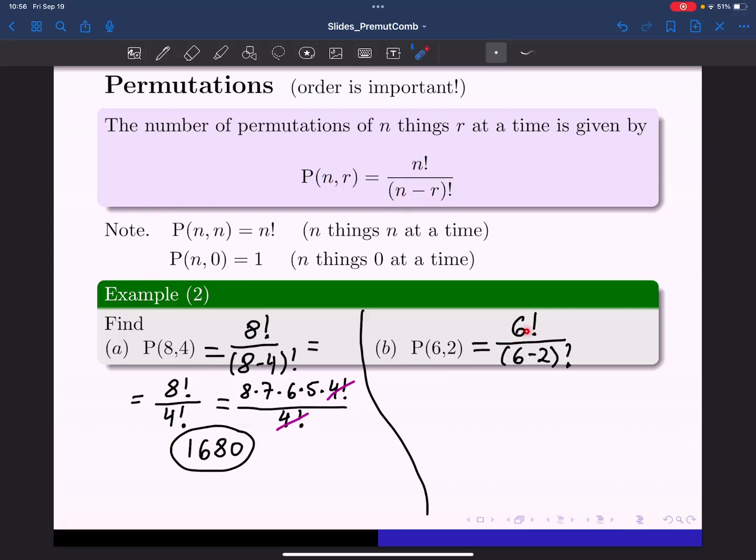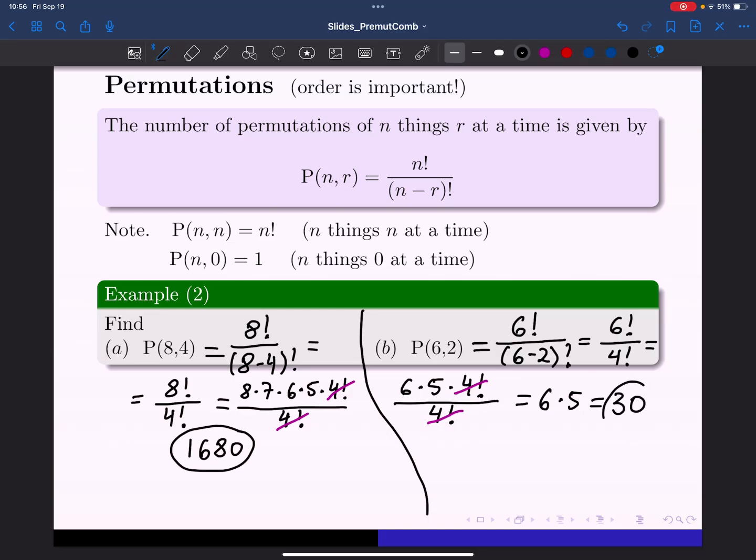So this is equal to 6 factorial divided by 4 factorial, which is 6 times 5 times 4 factorial divided by 4 factorial. The 4 factorials cancel out, so that gives me 6 times 5, which is equal to 30. There are 30 permutations.